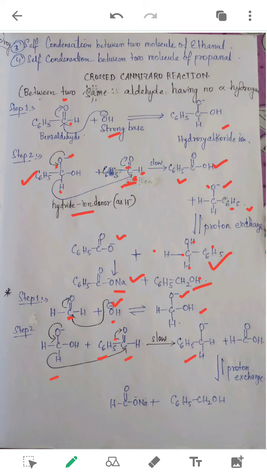This molecule you have got in this way, as it has taken another H over here. Okay. And simultaneously there was a shift of electrons here, forming the double bond, so you got it here. Now again there will be a proton exchange, and simultaneously you will get two products. One is oxidized product, that is sodium salt of carboxylic acid will be formed, and the other one is reduced product, which is our alcohol. Okay.